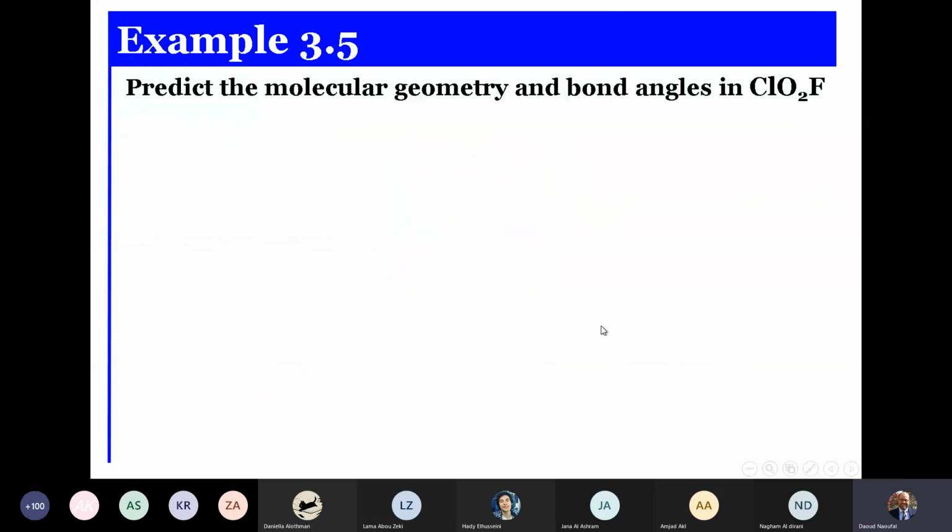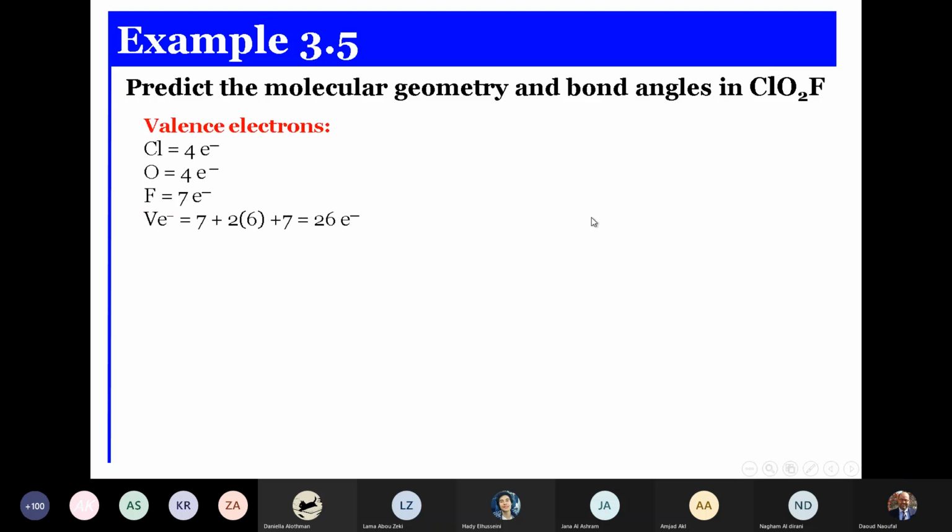Another example: predict the molecular geometry and the bond angles in ClO2F. First of all, we have to choose the central atom. The central atom is, by theory, oxygen.